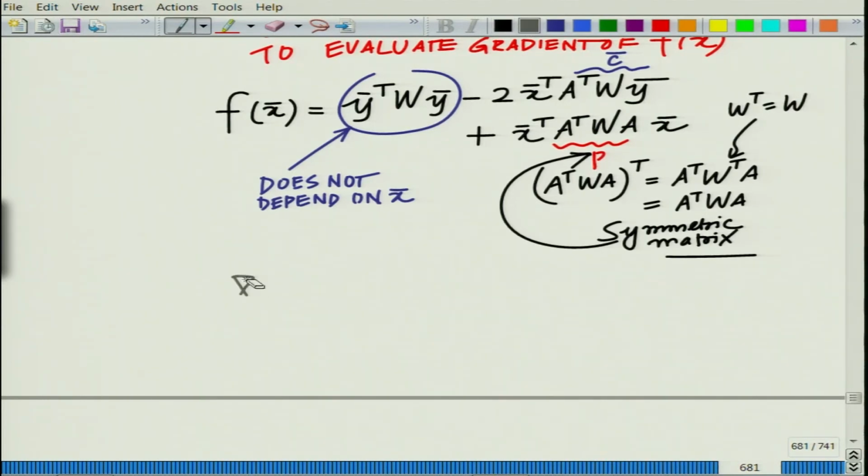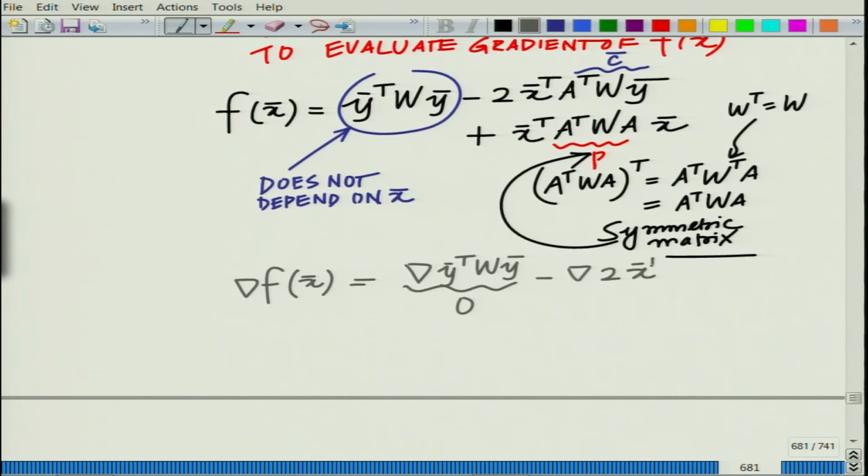So, I take the gradient of this f of x bar, that is equal to the gradient of y bar transpose W y bar, which is 0, minus the gradient of twice x bar transpose A transpose W y bar. We have already seen, this is your c bar.